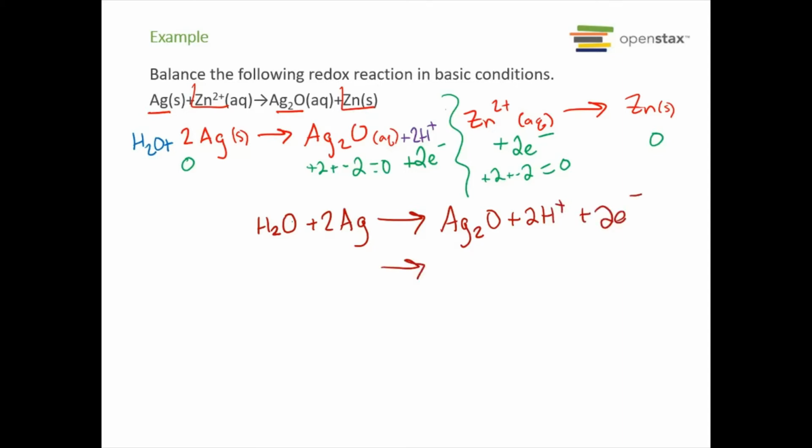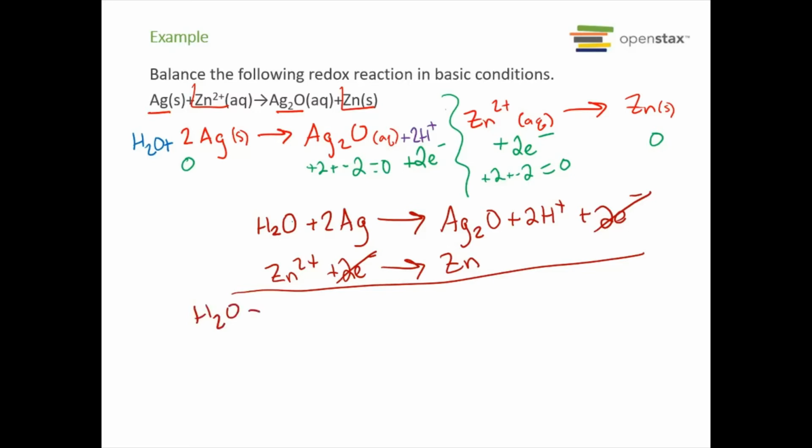Okay, and then our other reaction is zinc 2 plus plus 2 electrons gives zinc. And look at that. We have the same number of electrons on both sides, so we don't need to worry about multiplying by a coefficient. They already cancel as they're supposed to. So then we can write our resulting reaction: Ag2O plus H2O plus 2 electrons, plus Zn2+ , giving 2Ag plus 2H+ plus Zn.